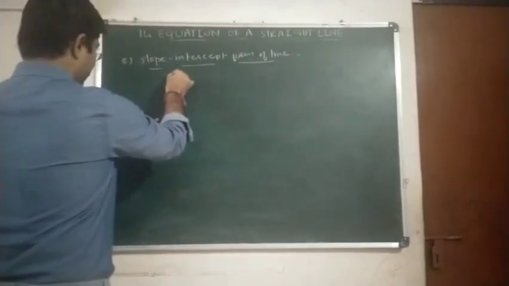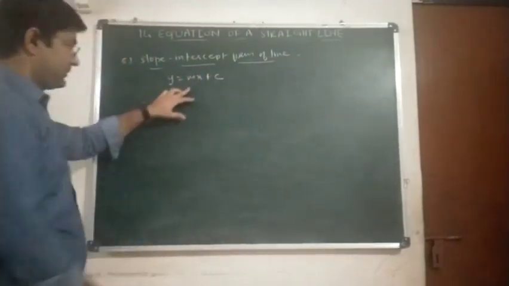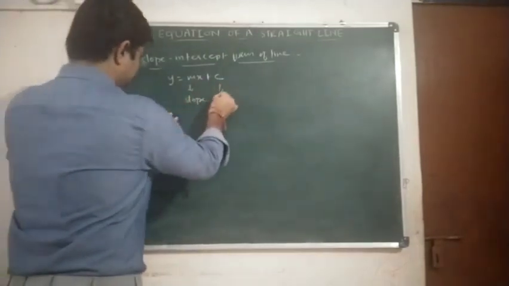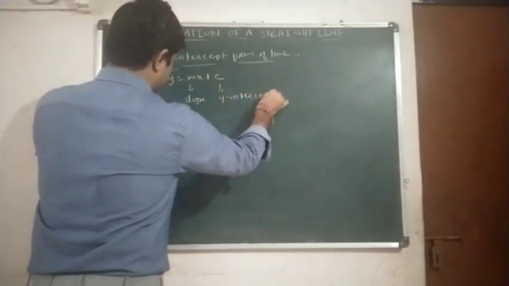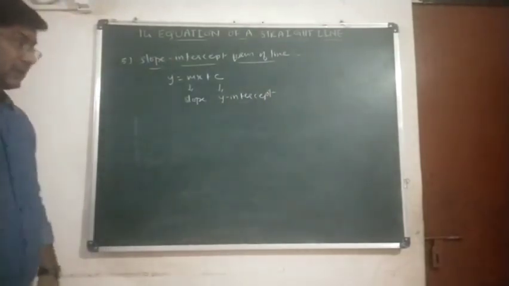It is y is equal to mx plus c, where m is the slope of the line and c is the y-intercept. Okay, let us try to understand how this formula is derived.